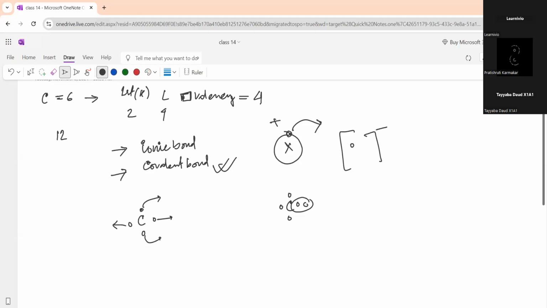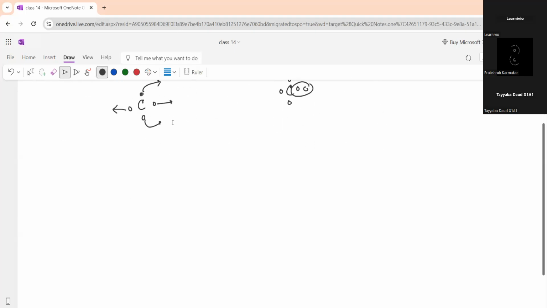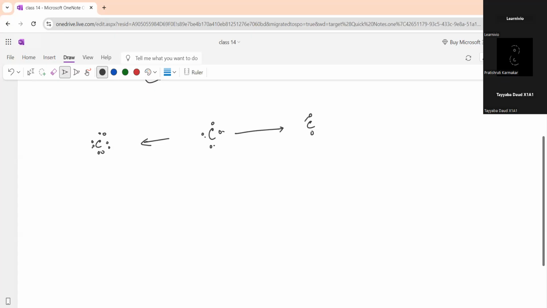For ionic bond, carbon has 4 electrons in the outermost shell: 1, 2, 3, 4. So it has 2 options. Either it can take 4 more electrons, making 8, or it can leave these 4 electrons and have the inner shell, which is 2 electrons.